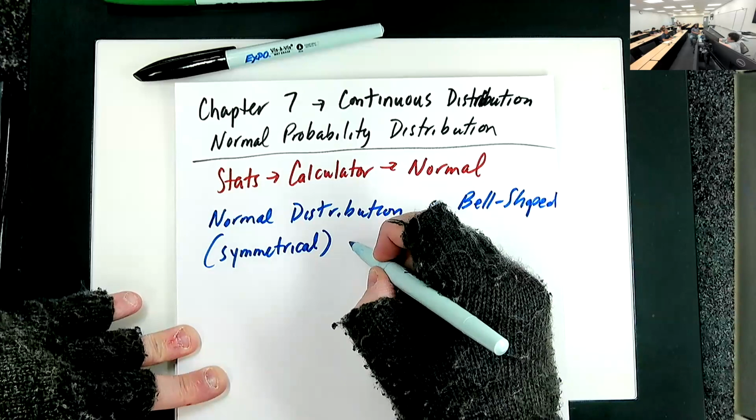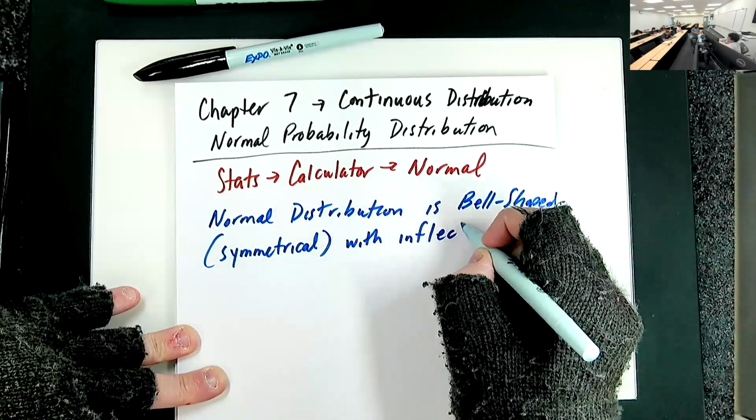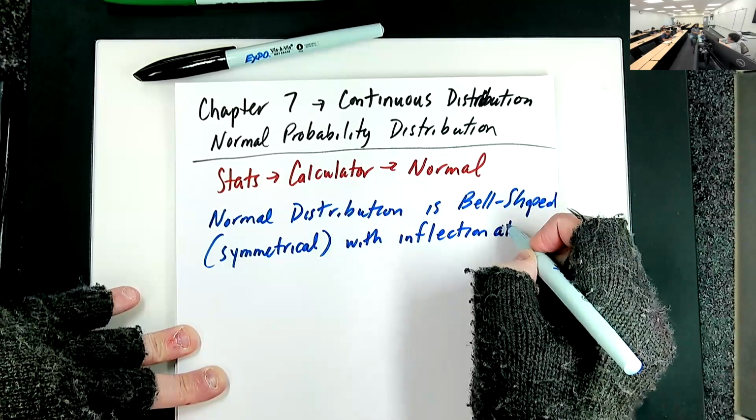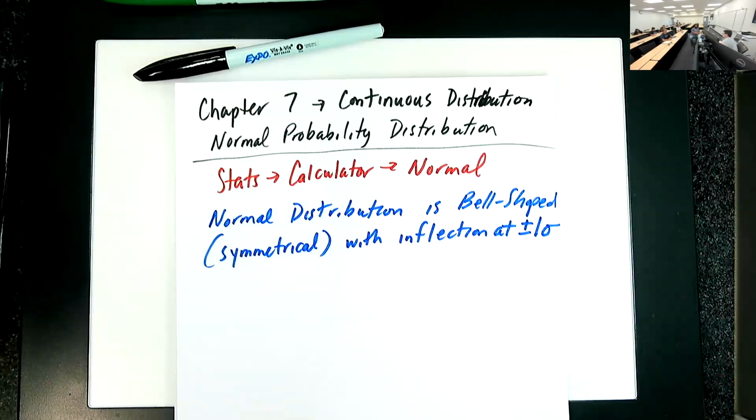And it has inflection points at plus or minus 1 standard deviation. Now, I'll show you what that means. Inflection points is a calculus idea, but it's really just something on the graph, and you'll see what's happening when I graph it.